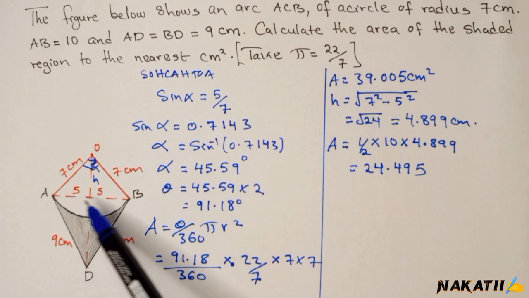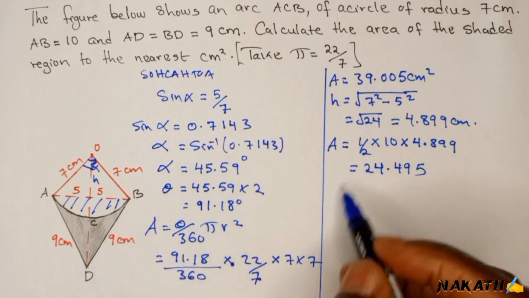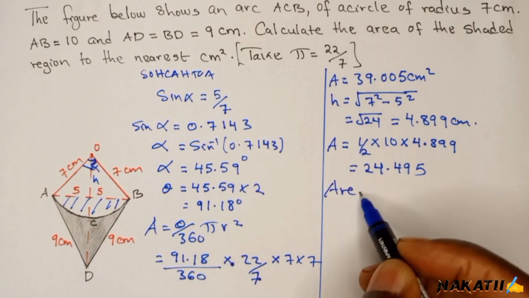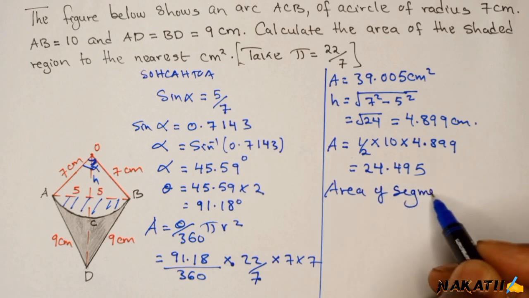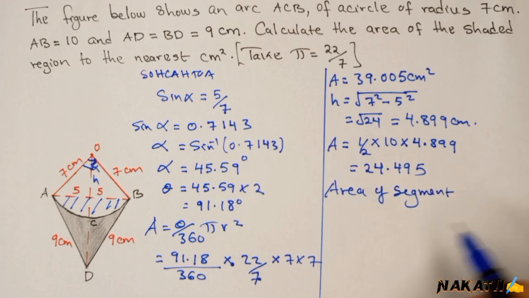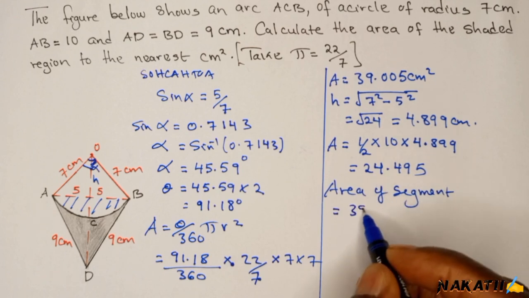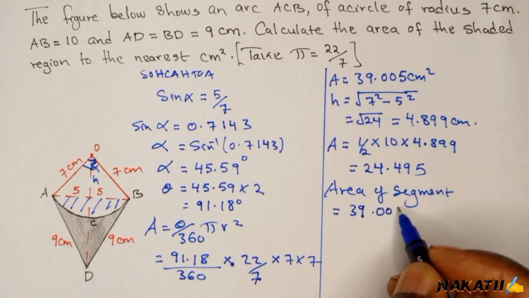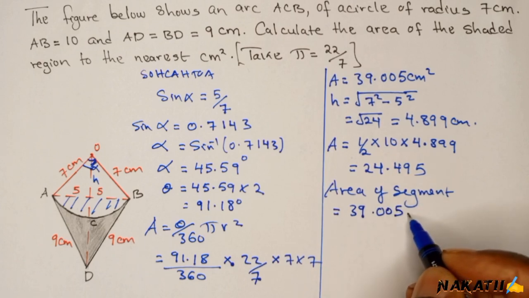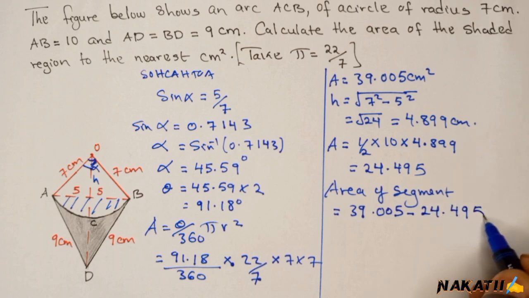What we just need to do now is get the area of this segment, because this is what we're interested in. The area of segment will be equal to 39.005 minus 24.495.